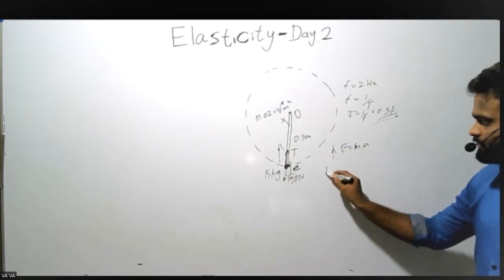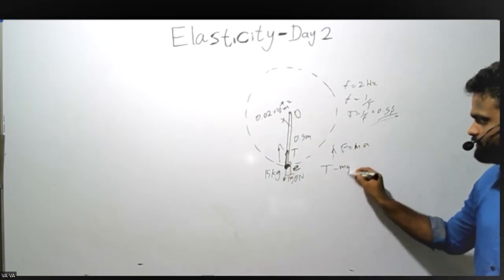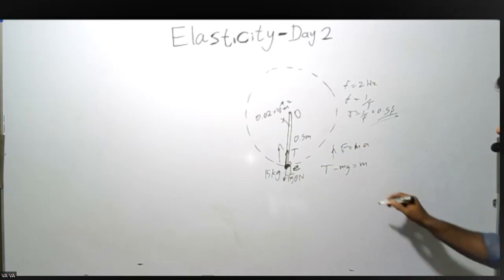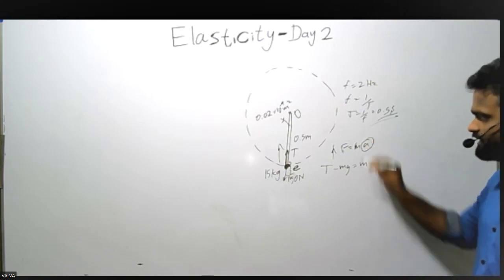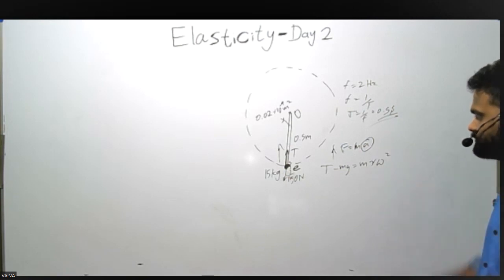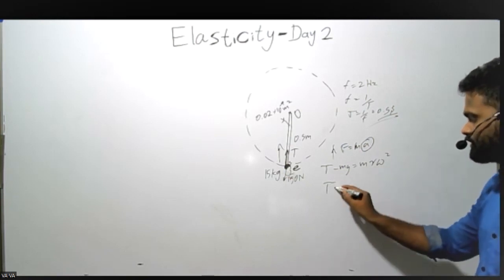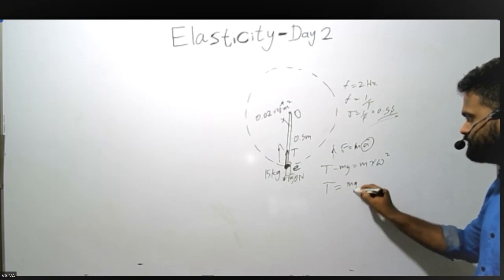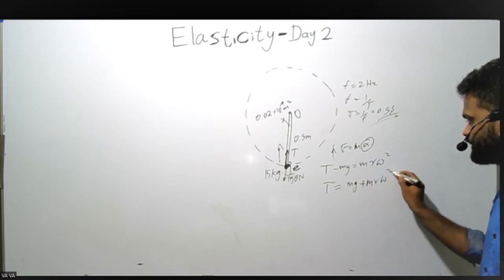Tension upwards minus mg equals m times acceleration. Acceleration is centripetal acceleration, which is r omega squared. So tension is equal to mg plus m r omega squared.